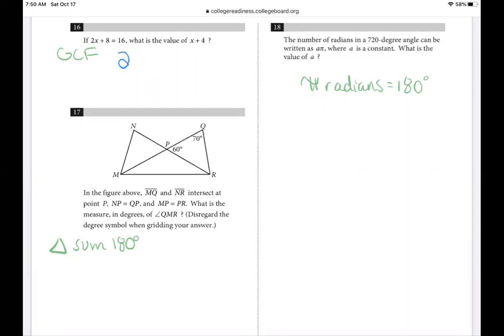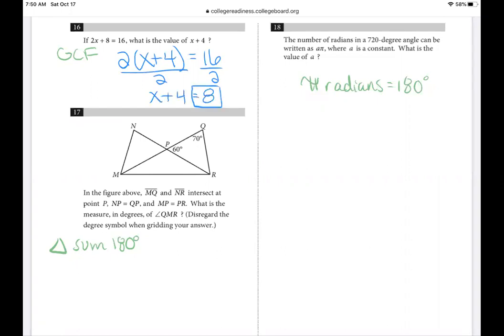So GCF of the left side would be 2, and then you would have x plus 4 equals 16. But you're not factoring the 2 out of the right side. You're just representing the left side of the equation with a GCF of 2. And then if we divide both sides by 2, we would have x plus 4 equals 8.